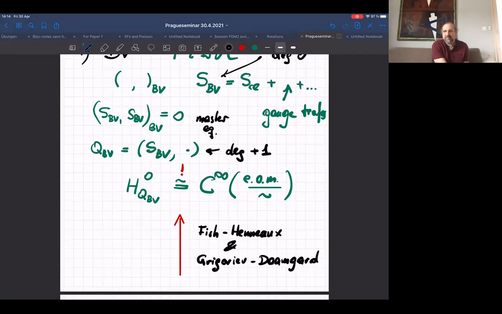Then later with Noriaki Ikeda, it was quite some work to find this BFV extension just by hand of this twisted Poisson-Sigma model. And afterwards we went back to the simplified formulas from Fischer-No, Grigoriev, Damgard, and we improved the method such that you can fine-tune these formulas so as to produce something covariant.